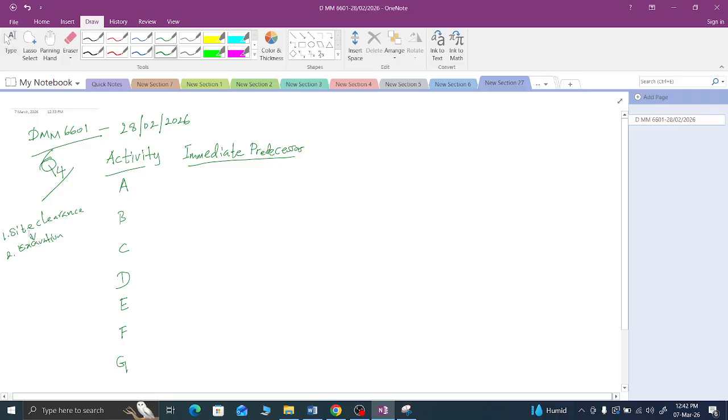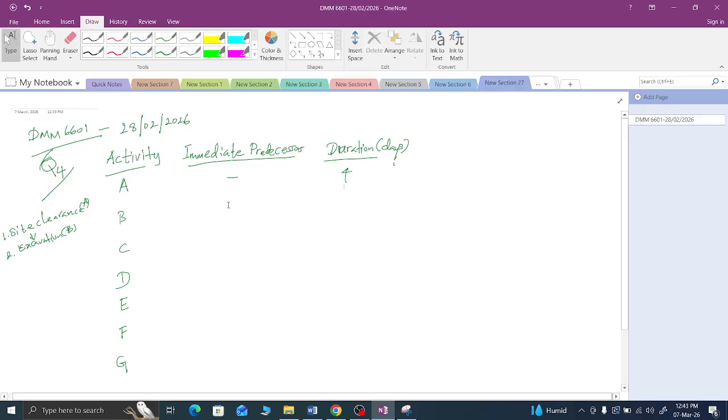I can call site clearance activity A and excavation activity B. This is the starting point, so there is no immediate predecessor, and there is a duration for that activity. We can say days or weeks; I'm putting days here, so 4 days for site clearance, like that.